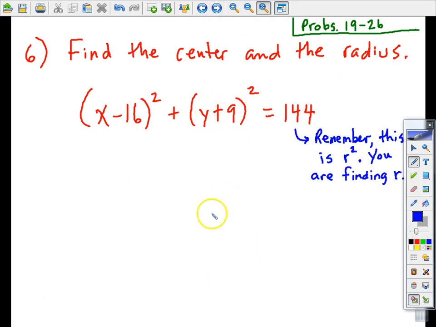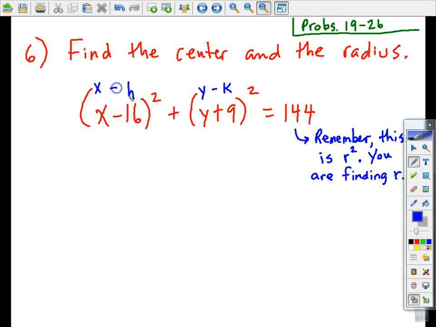All right. On 19 through 26, you will be supplied with the complete circle equation. It will be your job to pick out the center and the radius. So once again, remember this is x minus h squared plus y minus k squared.